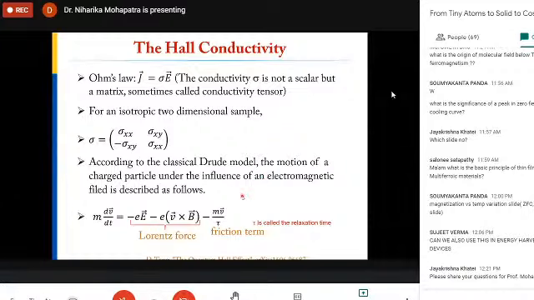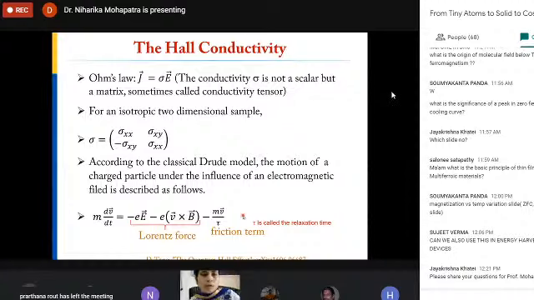To find the expression for sigma, either xx or xy, you use the simple Drude model. By using the Drude model and Boltzmann transport, you can write this expression. I hope you must have done this.